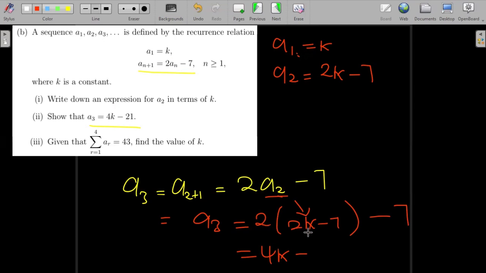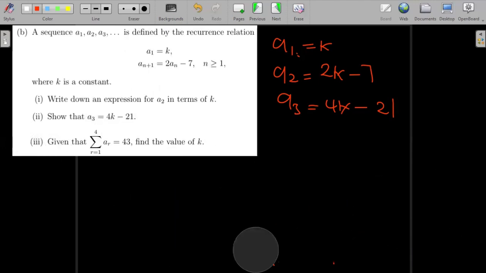So it will be 2 multiplied by this to be 4K, 2 multiplied by this, it will be minus 14, and then minus 7. So this will give me 4K minus 21. Yeah, so that is correct. So our A3 will just be 4K minus 21.